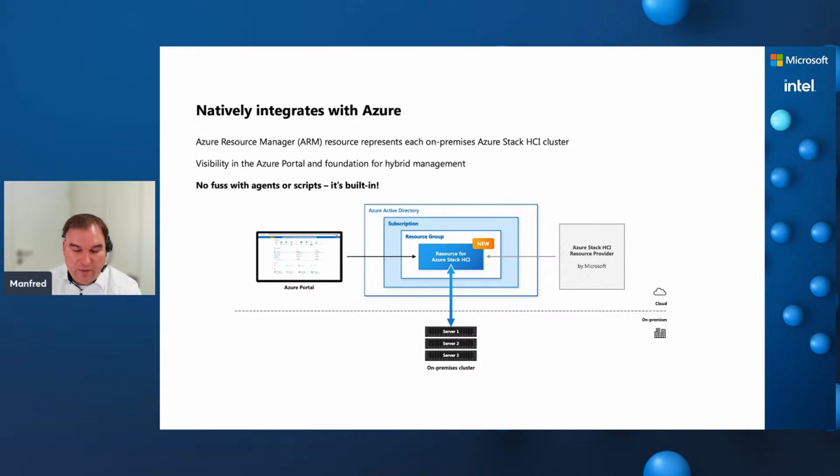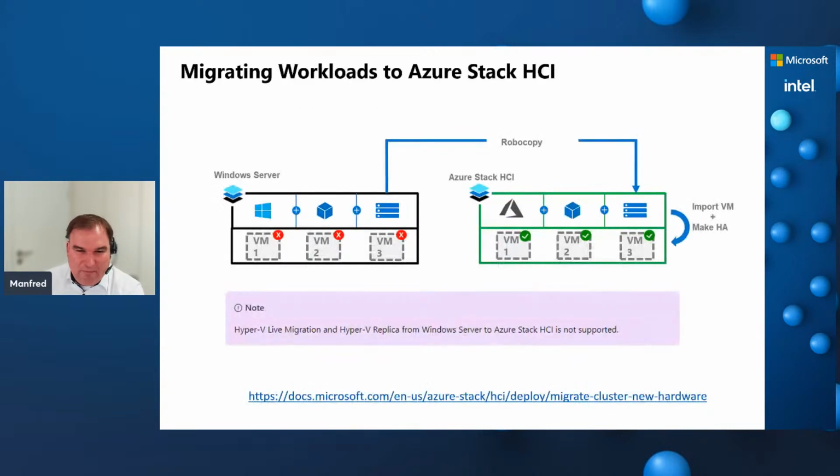And when you are thinking about virtual machines in Hyper-V, you might think that we can move the virtual machines to Azure Stack HCI because Hyper-V is in Windows Server and Hyper-V is in Azure Stack HCI. And important is to understand that this is not possible, because Microsoft does not support any live migration or replica action from Hyper-V directly to Azure Stack HCI.